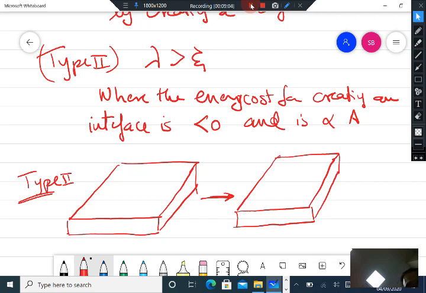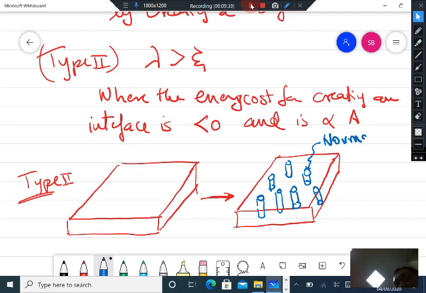the superconductor actually starts breaking up into small cylinders which are normal. This entire superconductor starts breaking up into small regions. These are like small cylinders which are threading the entire superconductor, and these have normal cores.